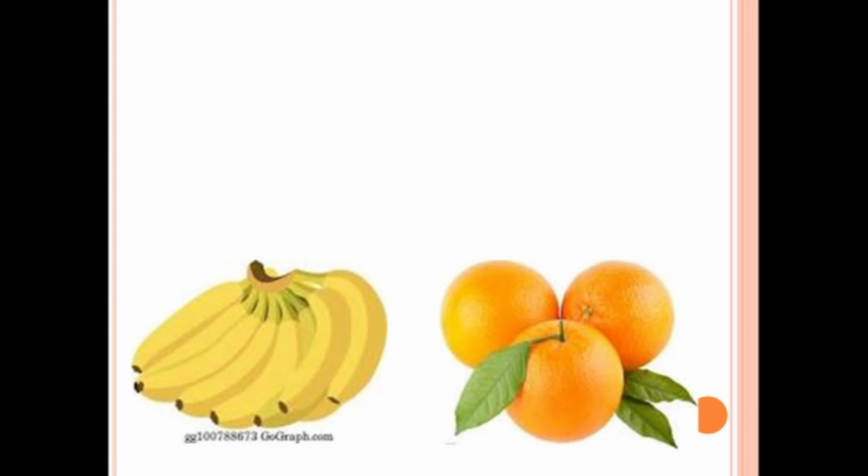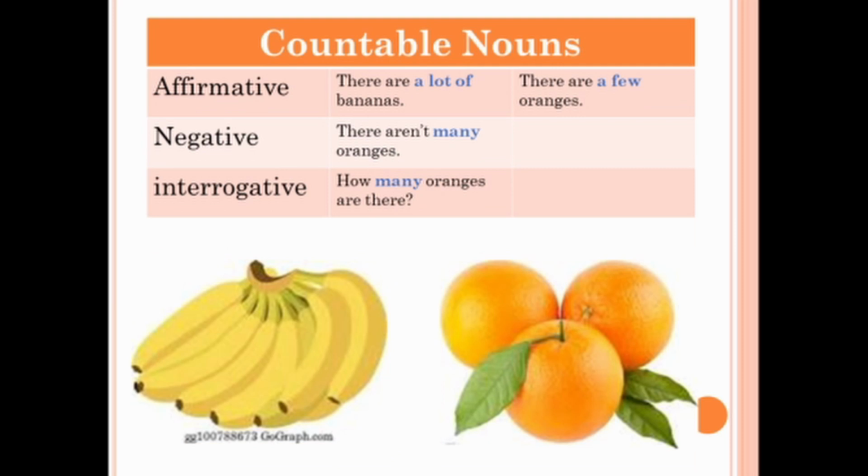So here we have a table. Ta-da! Countable nouns. In the affirmative, we use a lot of and a few. For example, oh my gosh, there are a lot of bananas. But there are a few oranges. A lot of bananas. A few oranges. There aren't many oranges. So, how many oranges are there? Only 3. A few.